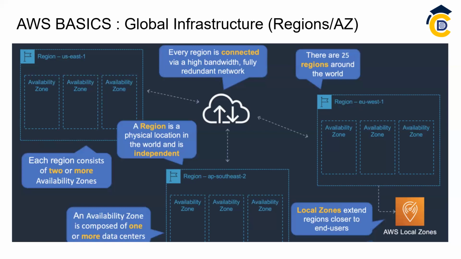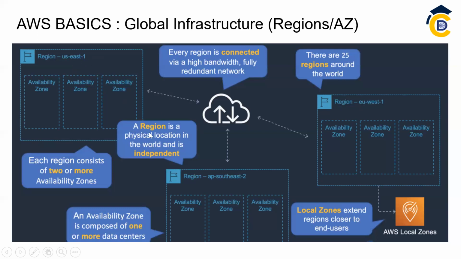It's not my headache, right? AWS has promised it will give me the infrastructure. It's not a geographical dependency for me. So what happens is the cloud service provider, like AWS, has its presence in regions. So what is a region? Basically, it's a geographical location, a proper physical location somewhere in the world.